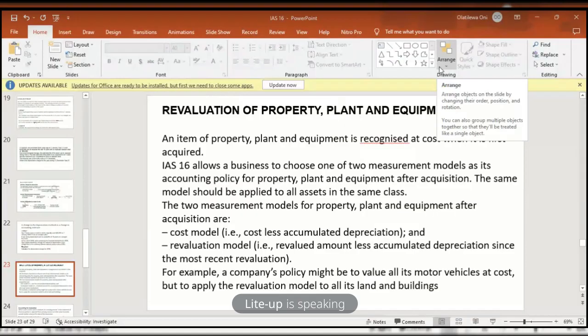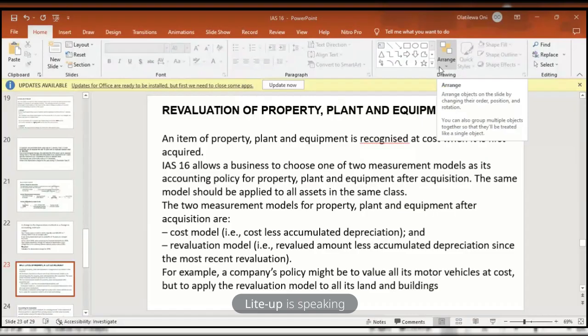You have motor vehicles, you have buildings, you have machineries. You cannot be using the revaluation model for some machinery and the cost model for other machinery. When they all belong to the same class of asset, you cannot use different measurement models for them, that is the cost model and the revaluation model.